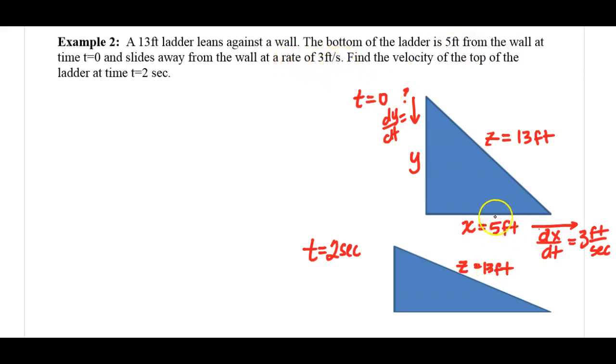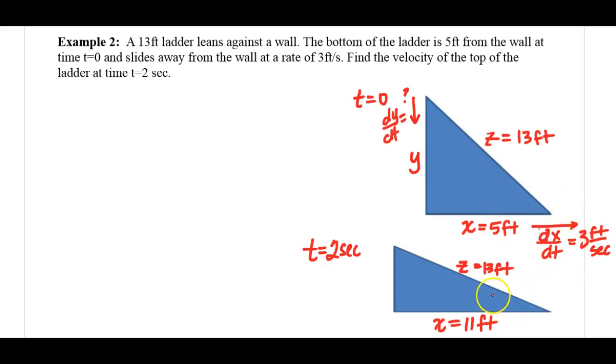Well, if the original distance was 5 feet from the wall, after one more second, it would be 8 feet from the wall. After another second, we add 3 more, so it would be 11 feet from the wall. So my new x is going to have to be 11 feet. But my dx/dt is the same.